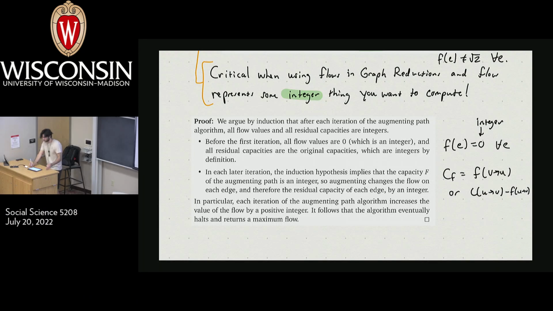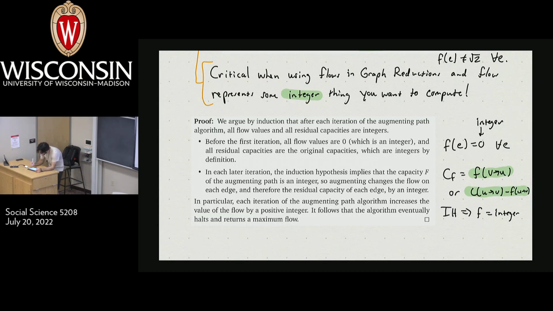Okay, so if by induction the flow value f is always integer, then we know this capacity is integer in that case. Or we have an integer capacity minus an integer flow, which is also integer.